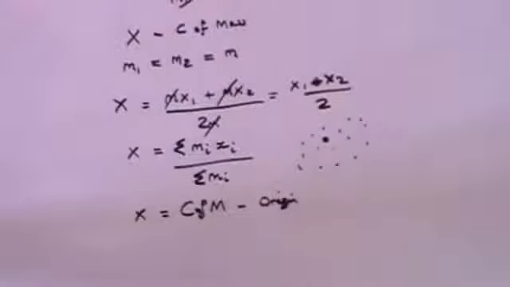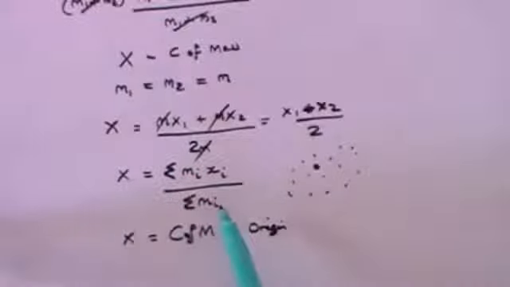But suppose we put our origin at the point of the centre of mass. If we regard our origin as at the same point as the centre of mass, what happens then? Then X must be 0, because if the origin and the centre of mass are at the same place, X is 0. Now X is this term here. The total sum of the masses cannot be 0, so it's this term that must be 0.